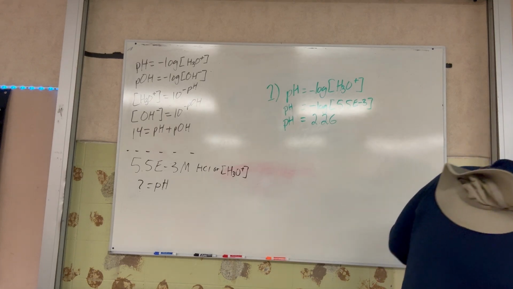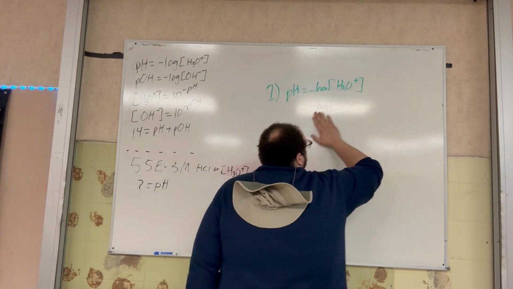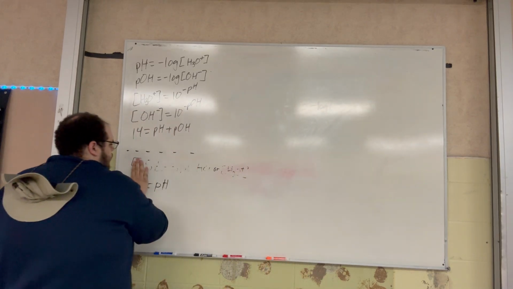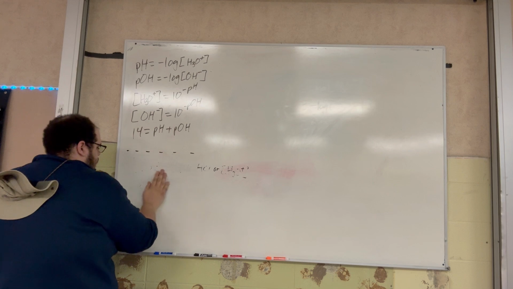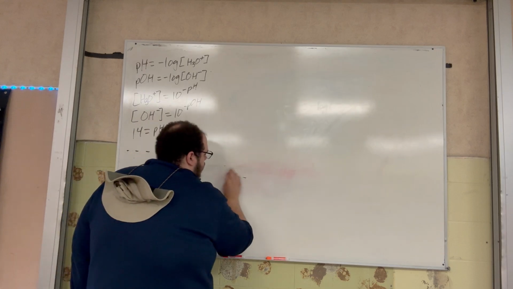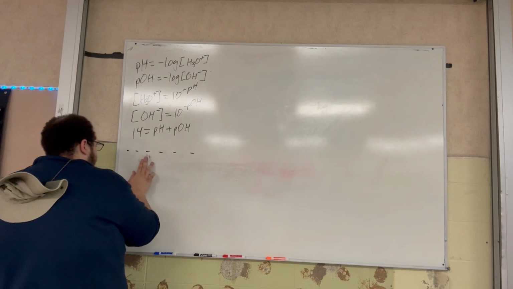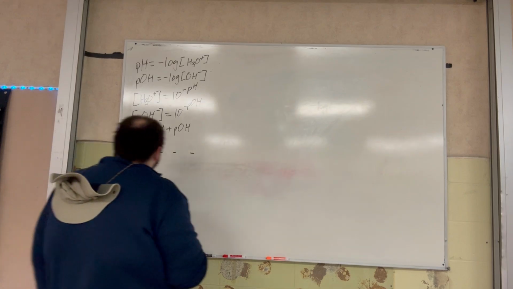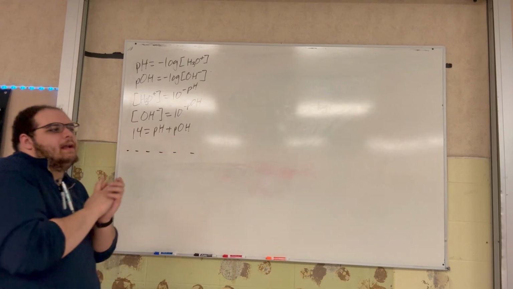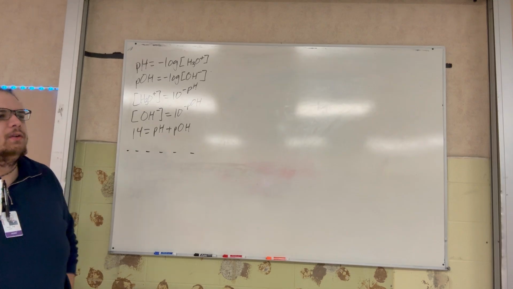Here's number 2. Number 2 says, what is the pH of a 9.4 times 10 to the negative fifth molar solution of sodium hydroxide?